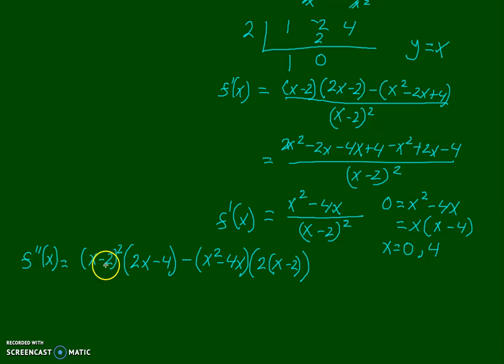So we have low d high minus high d low all over low squared.